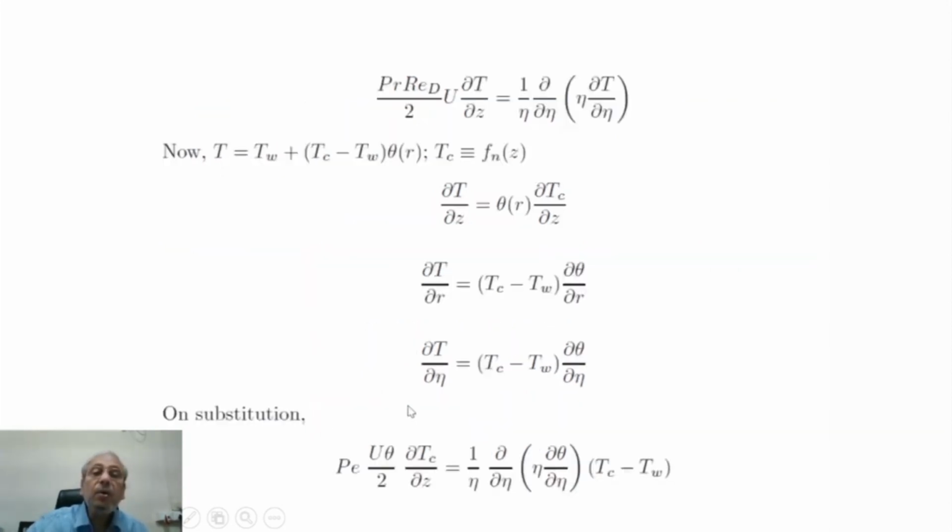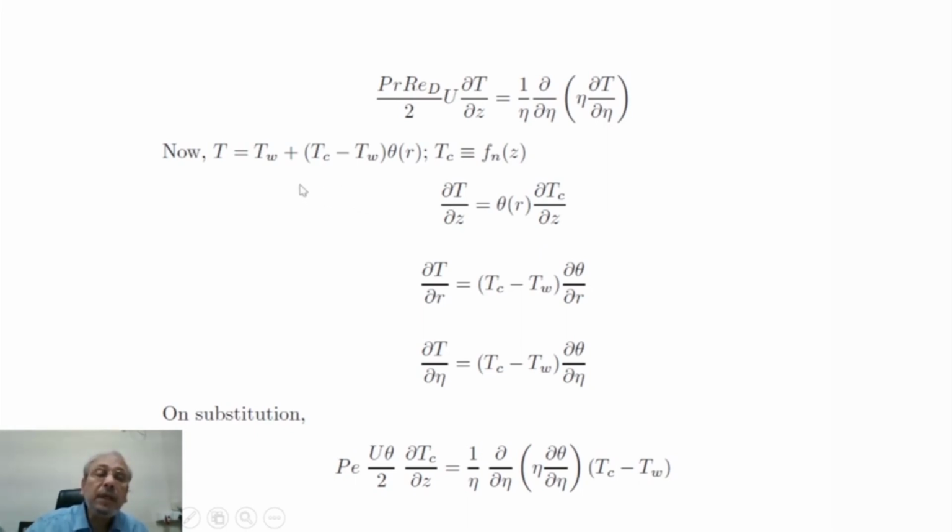So we get Prandtl number into Reynolds number based on tube diameter, by 2 U del T del Z equal to 1 by eta del eta of eta del T del eta.